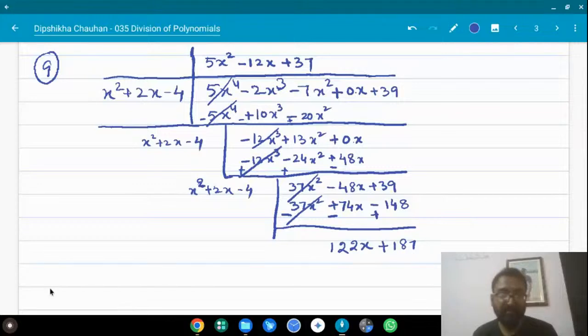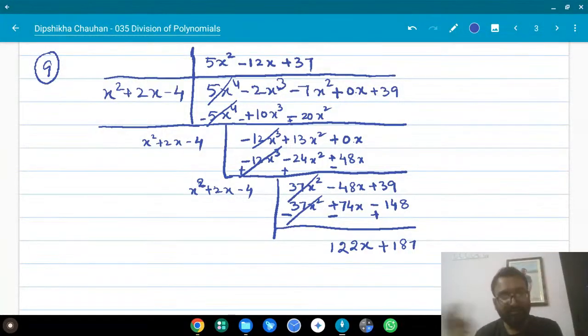So actually you have to divide by x or multiply by 1 by x. If you go that way it goes to unlimited division. So here we have to stop. So this is our remainder, and here it is quotient.